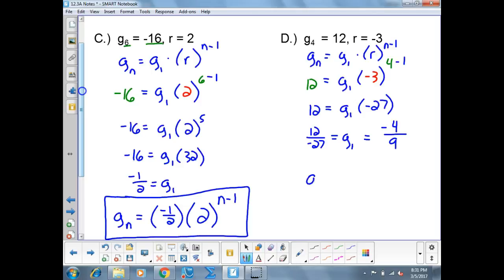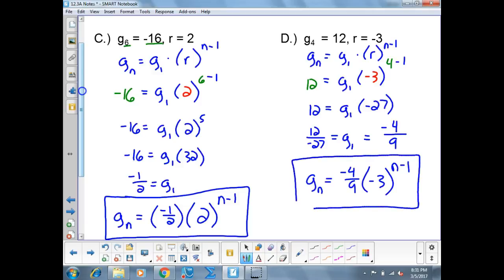So my rule is negative 4/9 times negative 3 to the n minus 1 power.